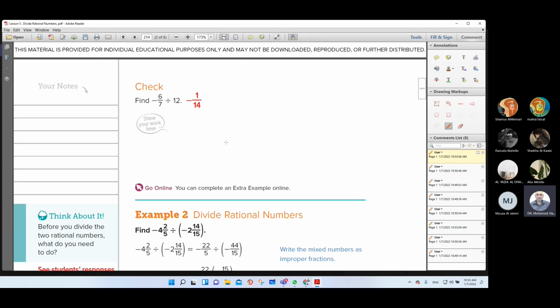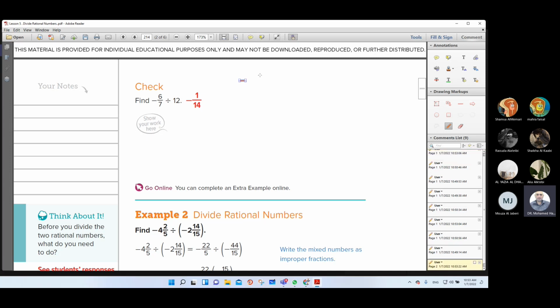The second example: find negative 6 over 7 divided by 12. We use the rule: keep the first number, change from divide to multiply, then find the reciprocal of the second number.